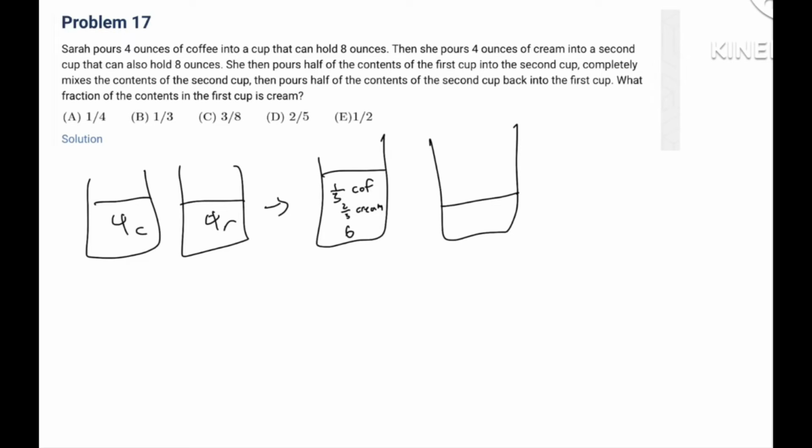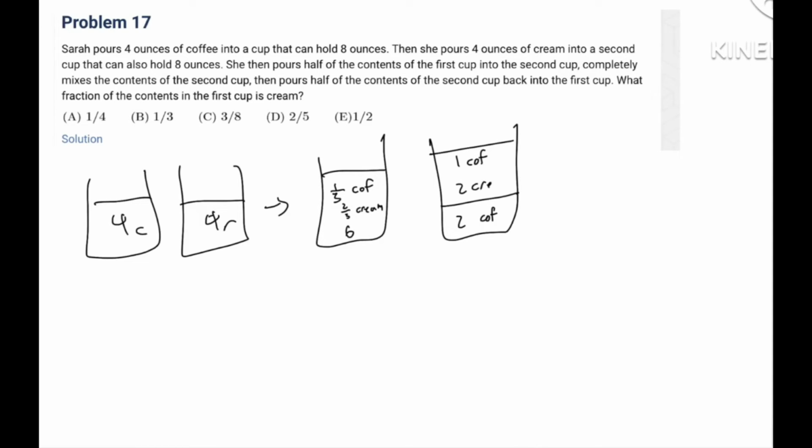So from the first one, we have 2 ounces of coffee left, and then we get 3 more ounces of this mixture, and 1/3 of it is coffee. So we would have 1 part coffee, and 2 out of 3 is cream.